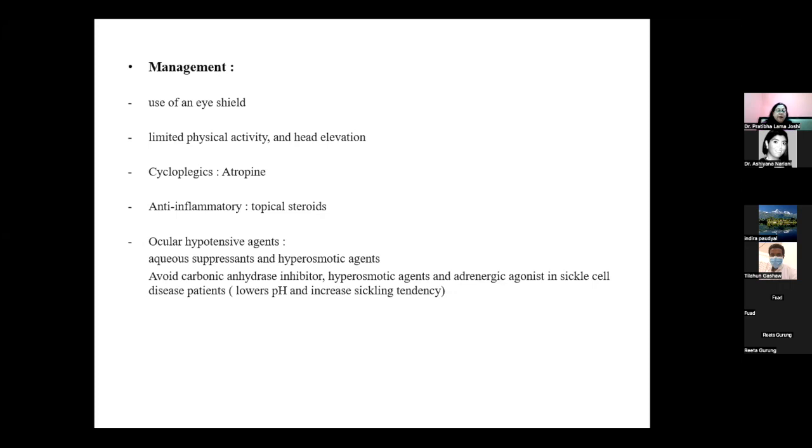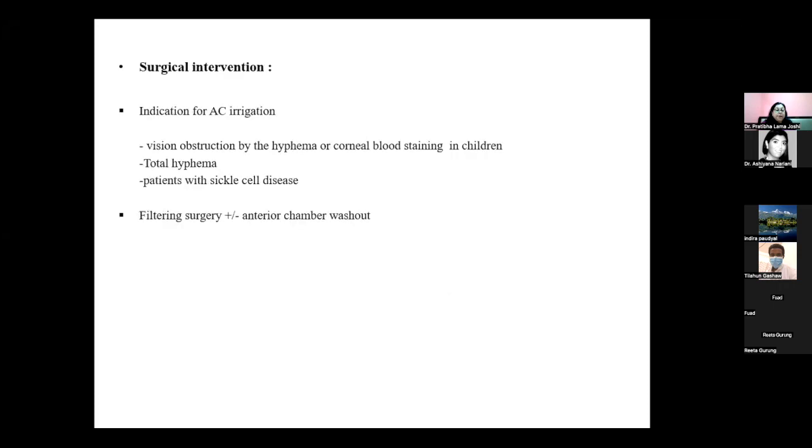While giving carbonic anhydrase inhibitors and hyperosmotic agents, we have to be very careful in patients with sickle cell disease because it lowers the pH and increases the sickling tendency. Surgical intervention is needed in most cases of hyphema.